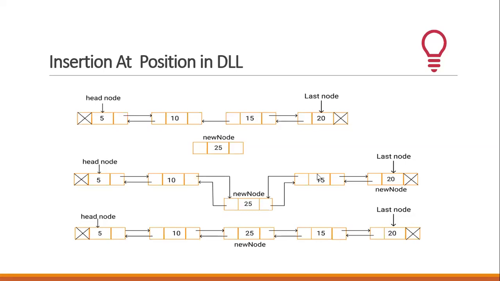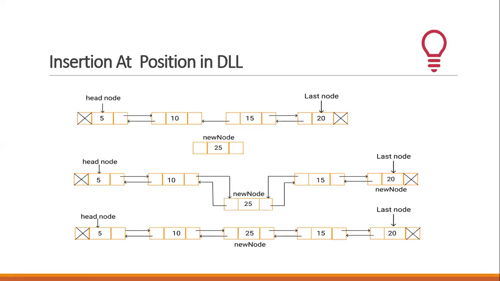That is a very important point, because if this connectivity is lost before we establish the new one, then we will never be able to know the rest of the linkage. This is the trickiest part when we want to insert at a certain position into the linked list. So let's look at how it happens.